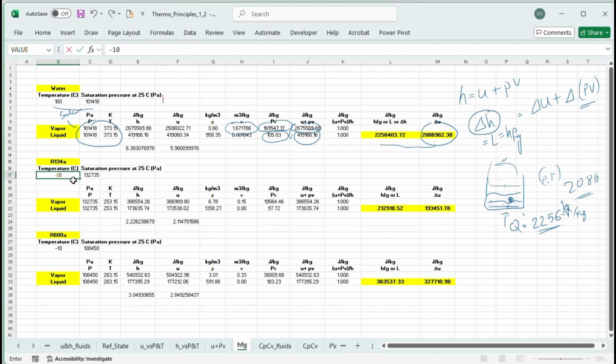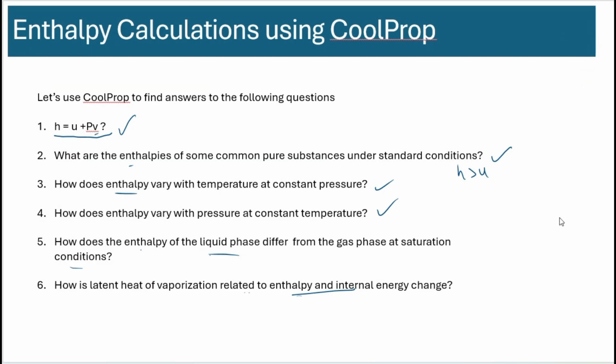So I want this at -10. So it automatically calculates the enthalpy at that particular temperature. If you want it at 0, for example, and for water below 100 degrees C, what is the enthalpy of vaporization? You can get those numbers here. So that explains latent heat of vaporization and the relation to enthalpy and internal energy change.